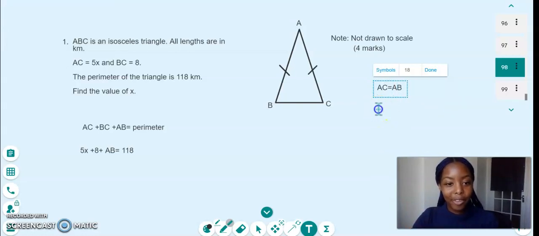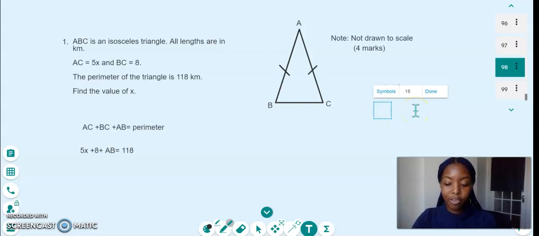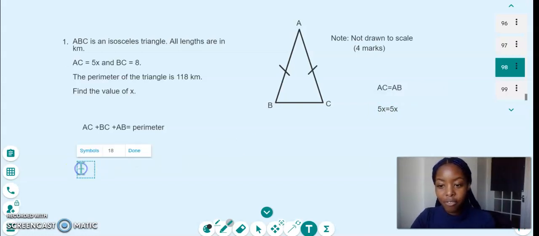So therefore, AC, which is already given to us, 5x, is the same thing as AB, which is also 5x. So if we rewrite this line, we can say 5x plus 8 plus 5x is the same thing as 118.